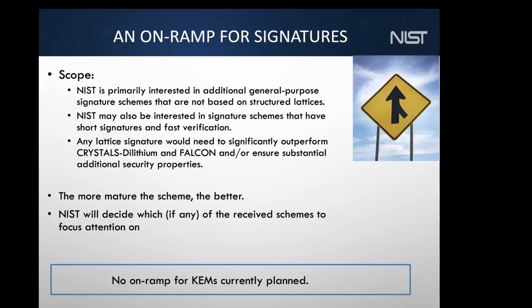We did select SPHINCS+. It is not based on lattices, but it is, as I said, a lot bigger and slower. So it may not be able to be used by many applications. So we announced a new call for digital signatures not based on lattices that would be general purpose digital signature algorithms.